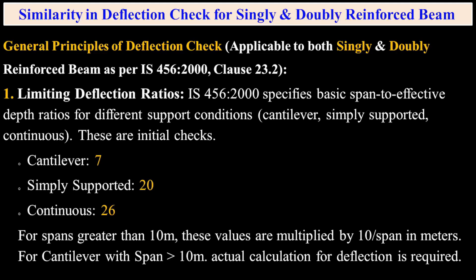Furthermore, and this is critical, for cantilever beams with a span greater than 10 meters, a full, actual calculation for deflection is explicitly required. You can't just rely on the modified ratio, you must perform a detailed deflection calculation for cantilever beams. These ratios are your first line of defense in ensuring deflection limits are met. Let's move on to the next aspect.